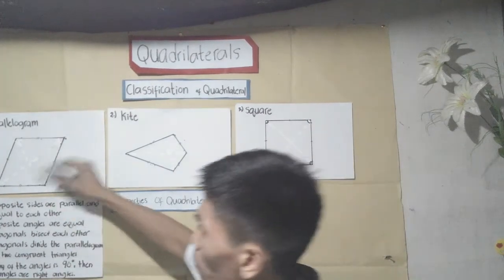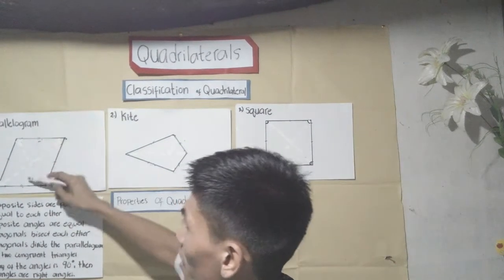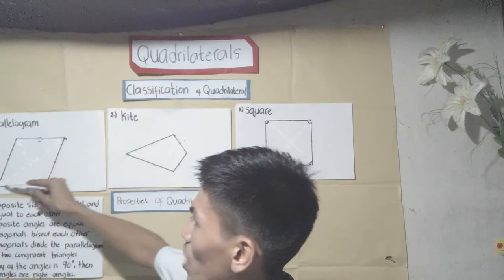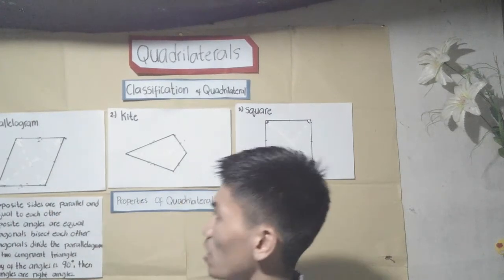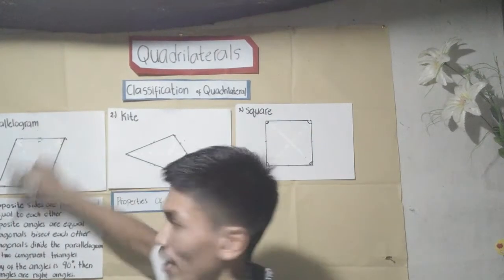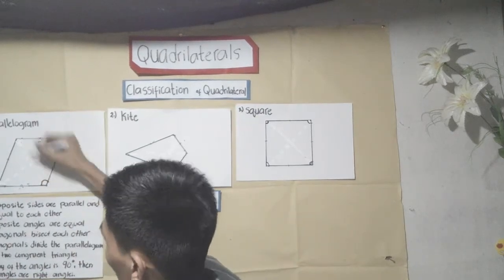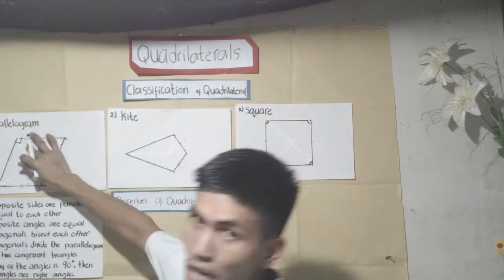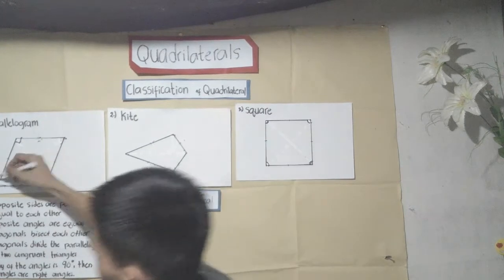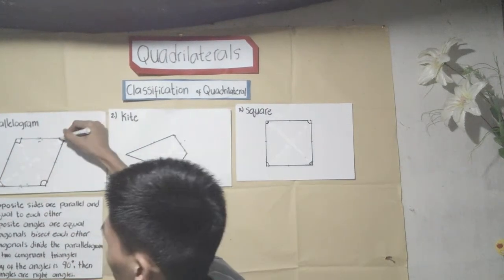Opposite angles are equal. So this angle and this angle are equal, and also the angle here.